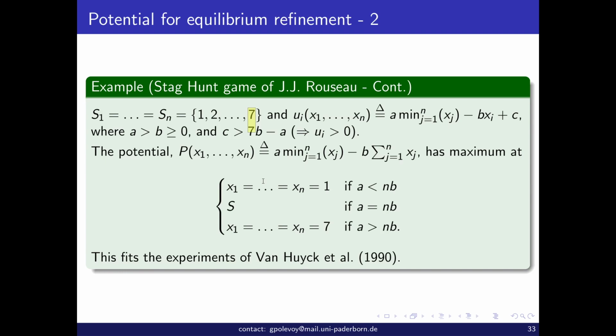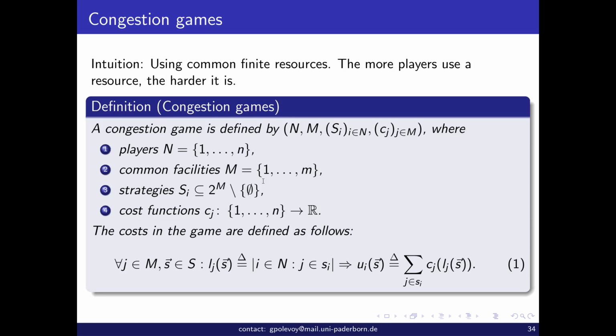So actually, 1 year before Crawford formulated this generalization, Van Huyck conducted experiments which fit a subset of those parameters, and exactly those points where the potential was maximized are exactly what the people did there. So it's still not clear actually how people act. It's in general, as I already said, an open question. But maximizing the potential definitely is an interesting refinement of the Nash equilibrium. And at this point, we move to the other topic, which is called congestion games.